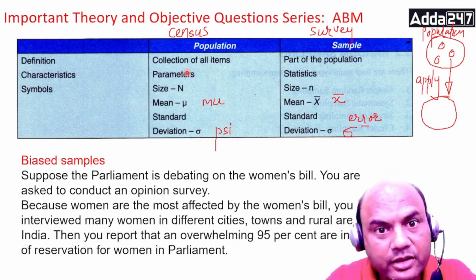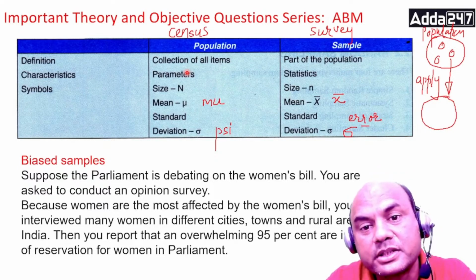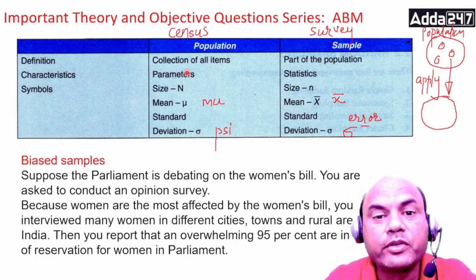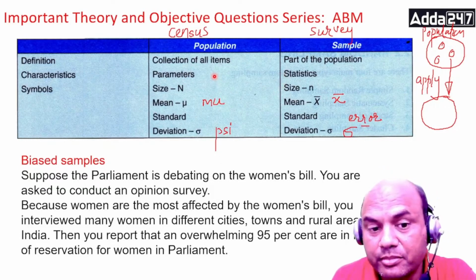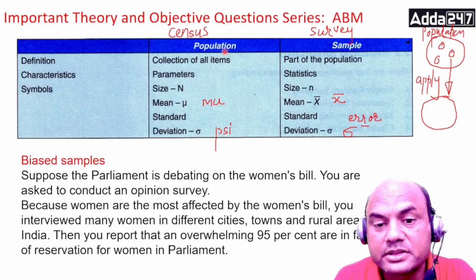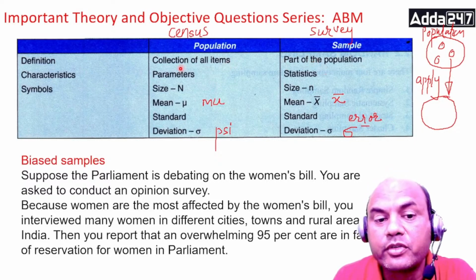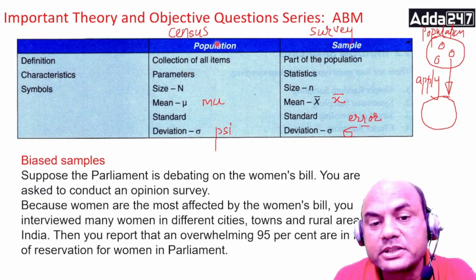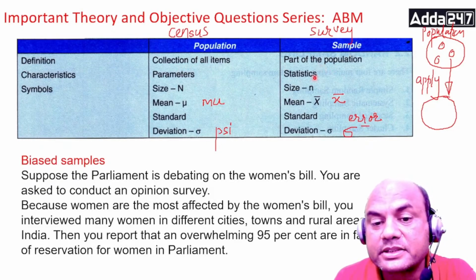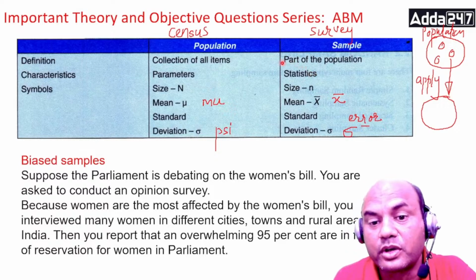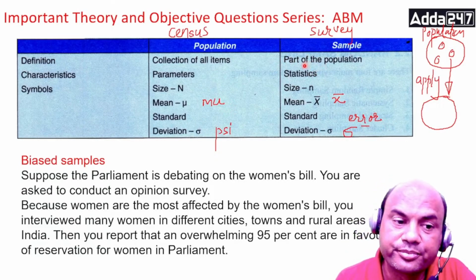Getting this, everyone? If I find a mean of the sample, the mean is the same thing, once for the population, second for the sample. If I find a mean for the population, it's called a parameter. If I find a mean for the sample, it's called a statistic.